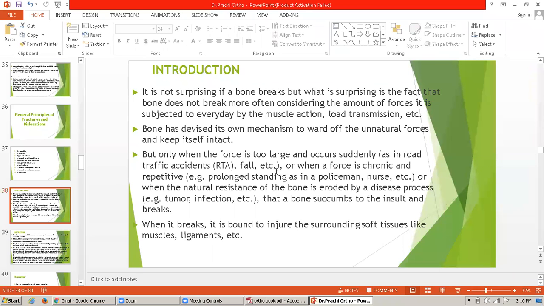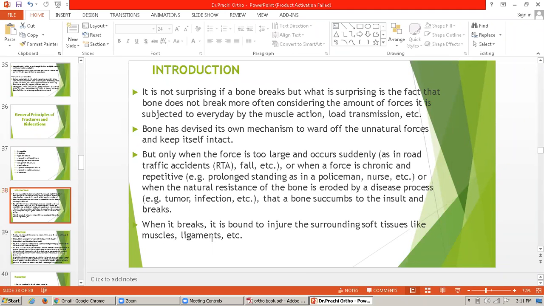But only when the force is too large and occurs suddenly, as in a road traffic accident, that is RTA, a fall, etc., or when the force is chronic and repetitive, for example, prolonged standing, as in policemen and nurses, etc., or when the natural resistance of the bone is eroded by a disease process, for example, tumor and infection, etc., the bone succumbs to the insult and breaks. And when it breaks, it is bound to injure the surrounding soft tissue like the muscles and ligaments.